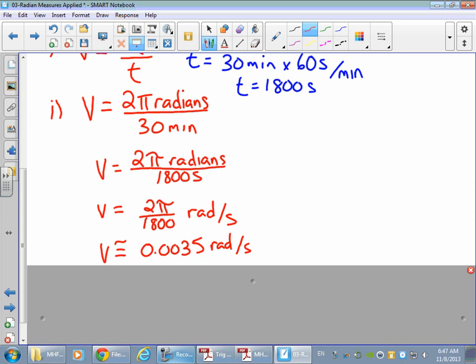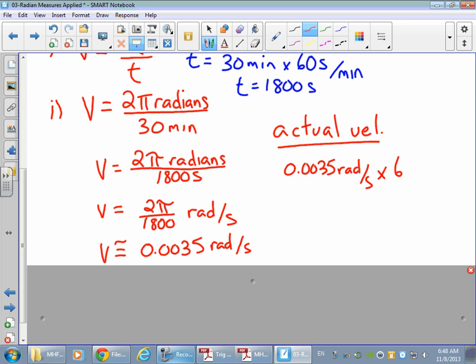If we wanted the actual velocity, actual speed that we're traveling, we take 0.0035 radians per second. Each radian is 67.5 meters.